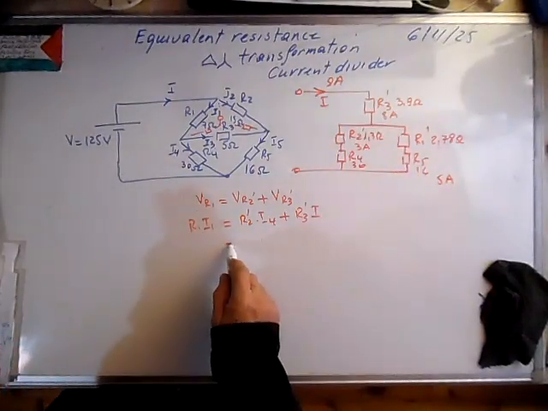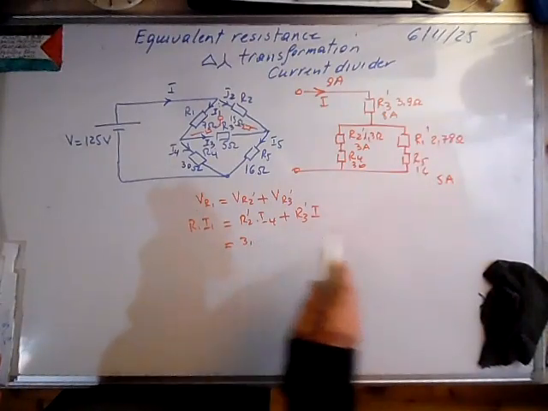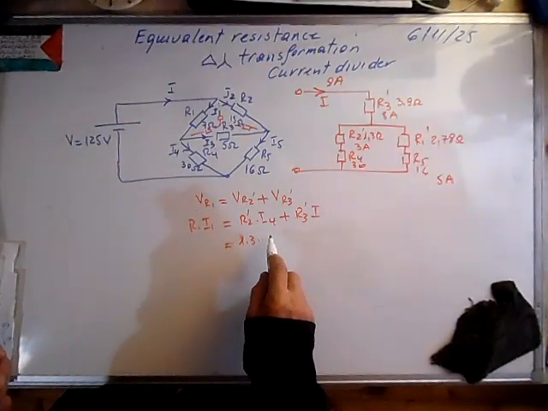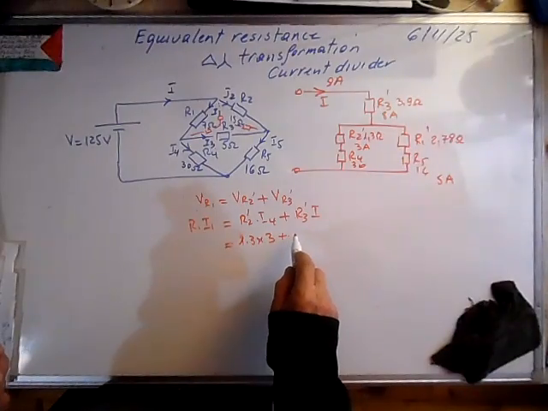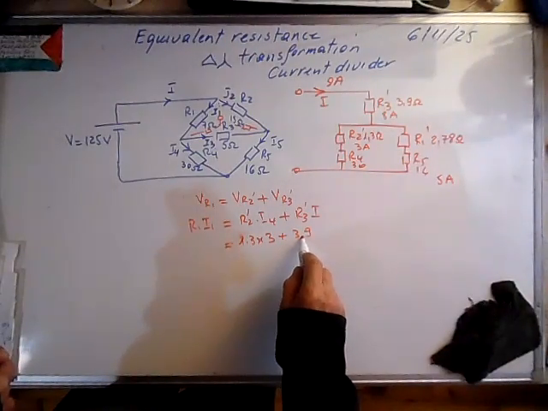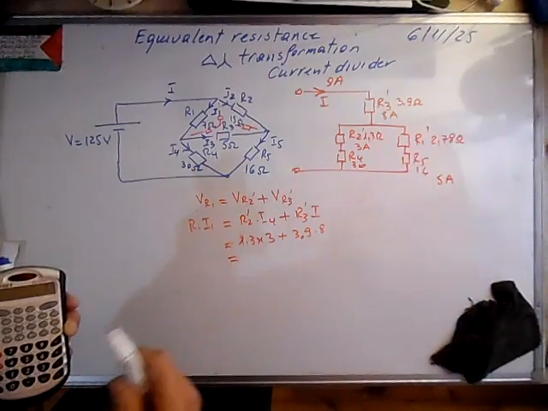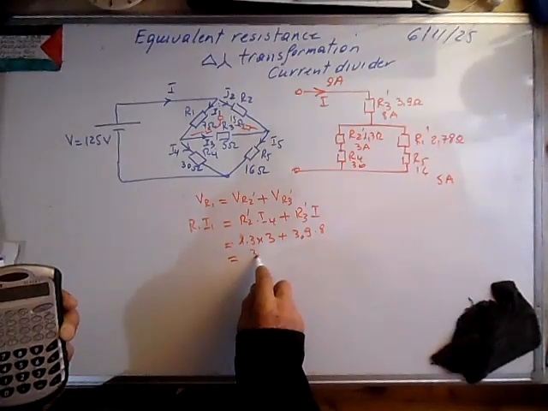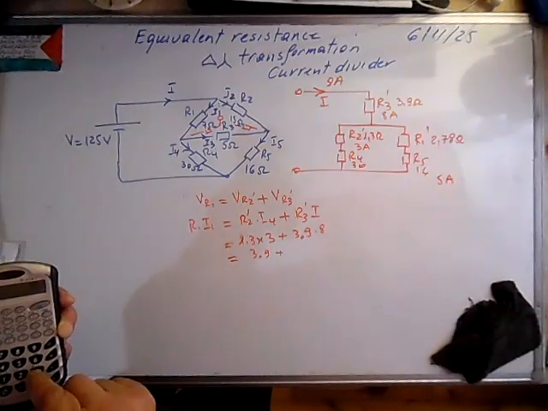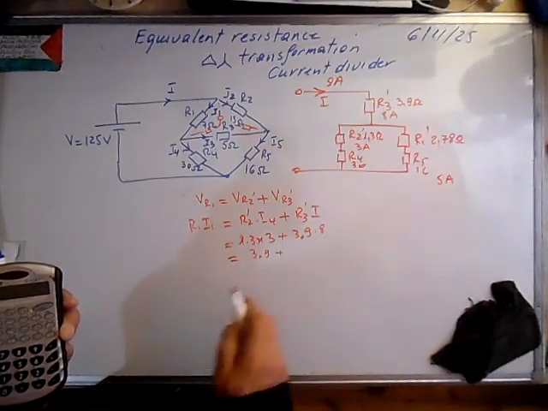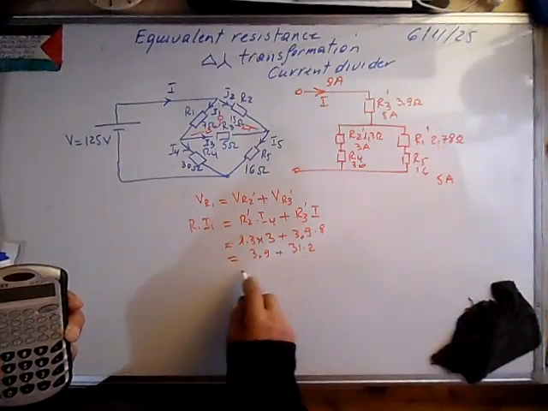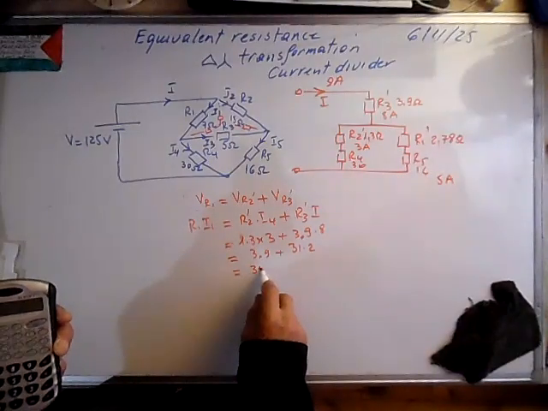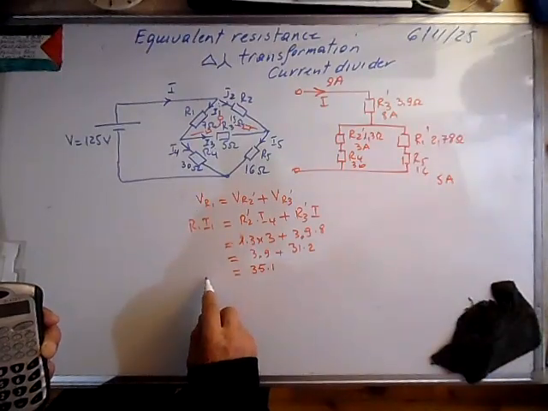That is 1.3 times 3 plus 3.9 times 8, which is 3.9 plus 31.2, so 35.1.